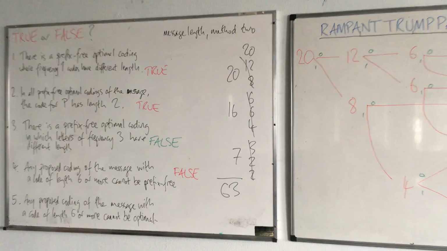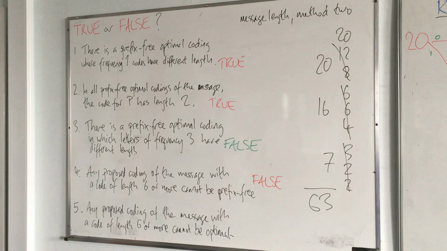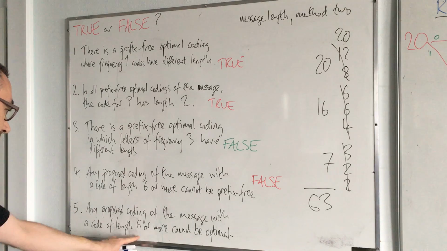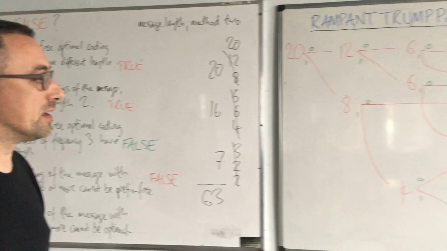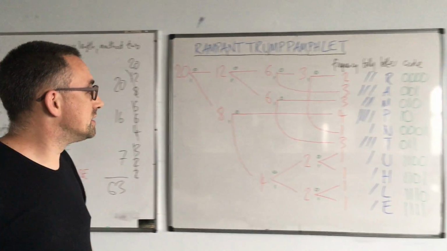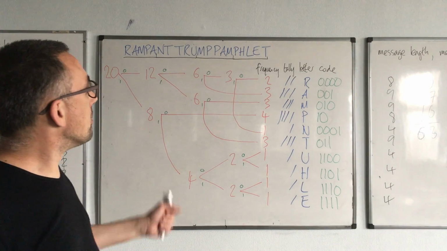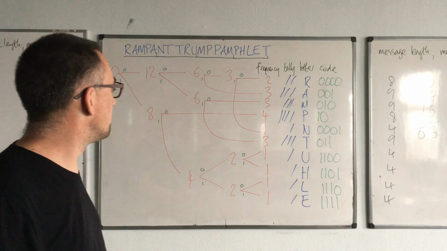So finally we're asked, can any proposed coding of the message with a code of length 6 or more be optimal? So it says, in particular, any proposed coding of the message with a code of length 6 or more cannot be optimal. Let's see if we believe that. Well, the thing to do is to try and build an optimal coding which has a path as long as possible.